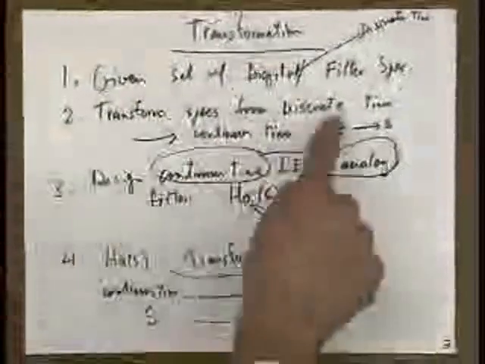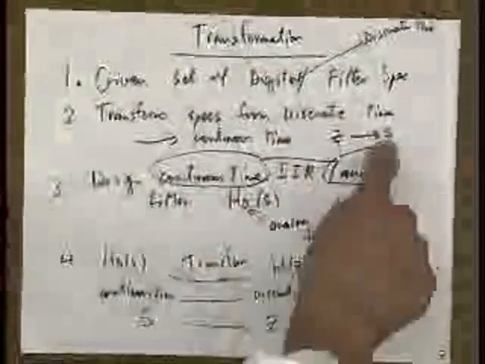One of the techniques to do that is the transformation technique, and within it there's the impulse invariance and bilinear. Before we even start talking about impulse invariance, I talked about desirable properties of transformations. We want causal and stable analog filters. The transformation technique involves these 4 steps. This is all from last time's lecture. You're given a set of specs. You transform the specs from discrete time to continuous time, from Z to S.